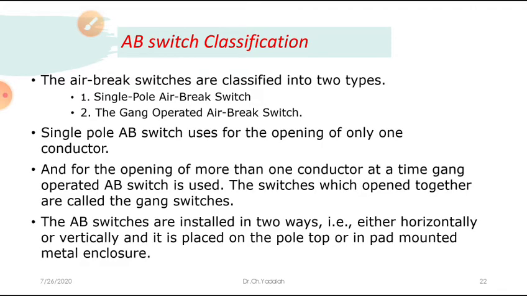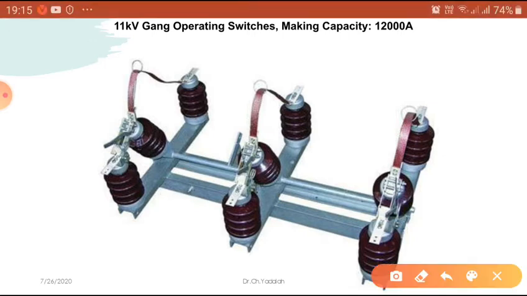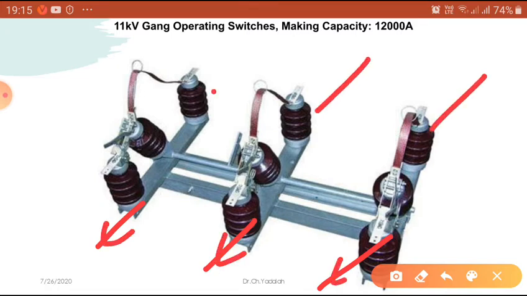You can see the 11 kV gang operating switches. Here the making capacity is nearly 12,000 amperes. So here you can see this is one phase, this is one phase, this is another phase. For example, here are the outgoing feeders, and this is the incoming feeder.